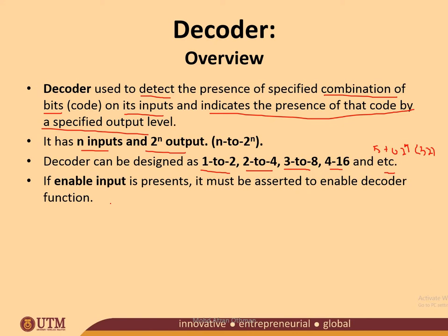I explained this in the last class on multiplexers, but I'll explain again as a refresher. Active low means that if we put 0 to the enable, it will be active. Active high means that if we input logic high 1, then it will be active. Active in the sense that it activates the decoder function of that chip, or the multiplexer of that chip, depending on the chip of interest.